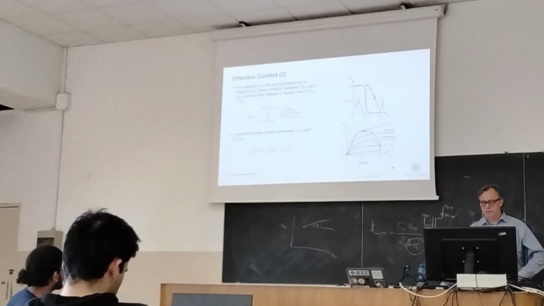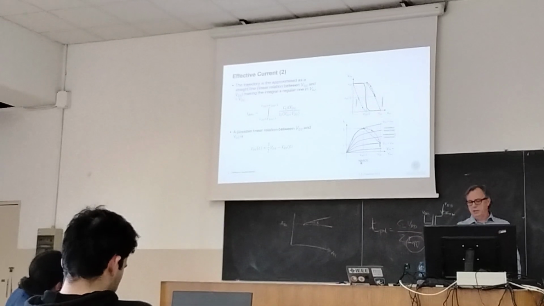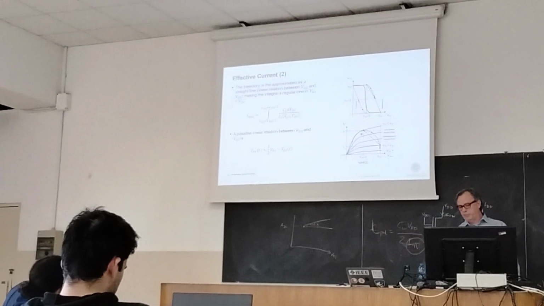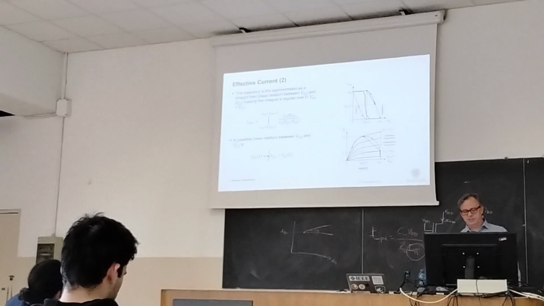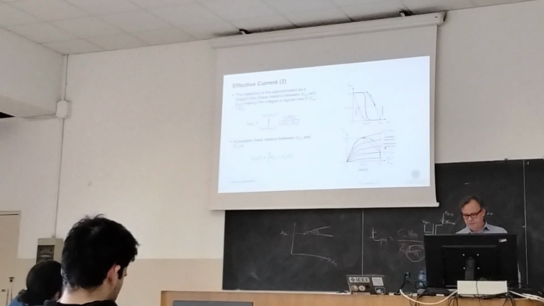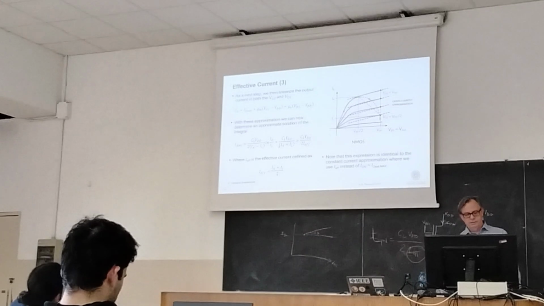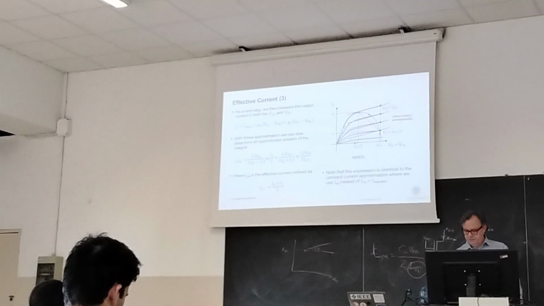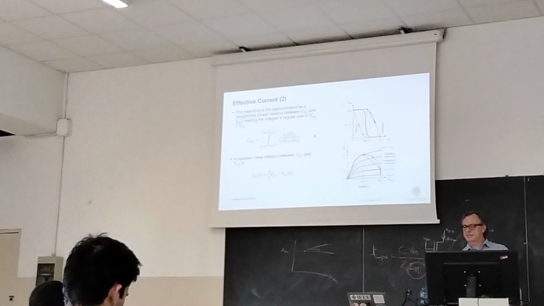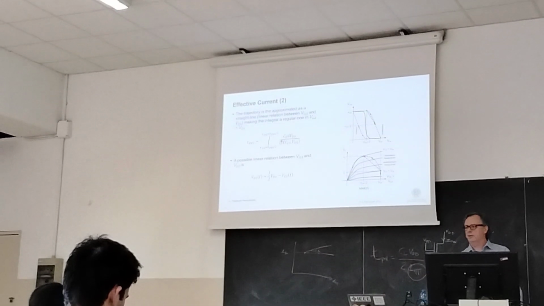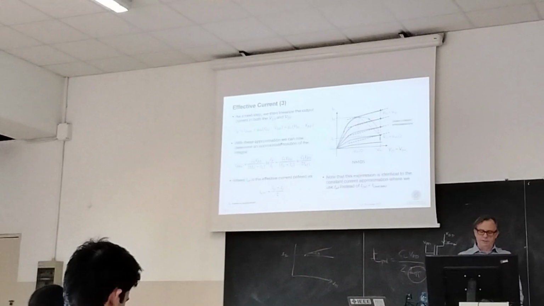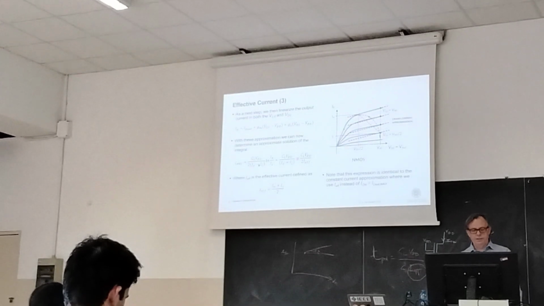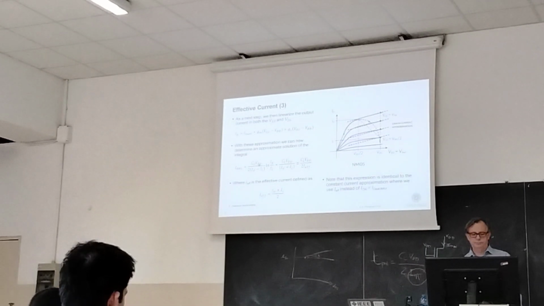I didn't do the calculation, but the point is, by approximating the relation between VGS and VDS with this equation, and using the linear approximation of the current, we plug this inside the integral, we get a regular integral, you solve it, and interestingly, you get this equation.